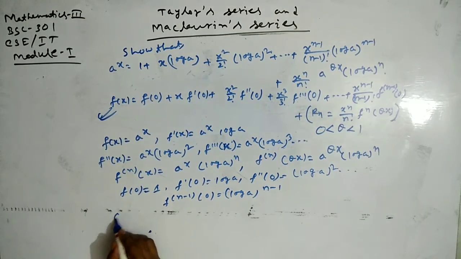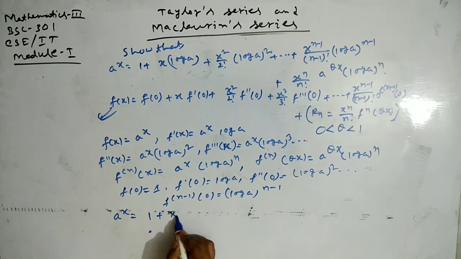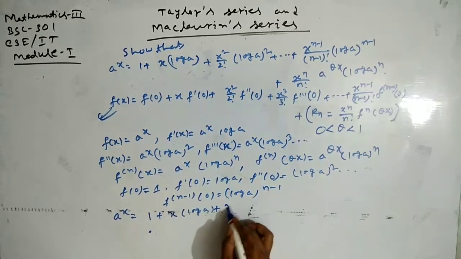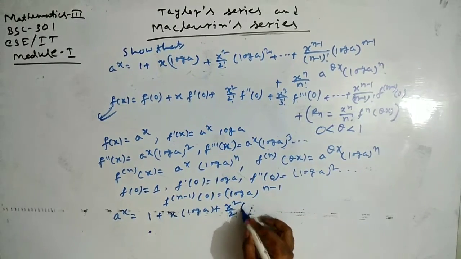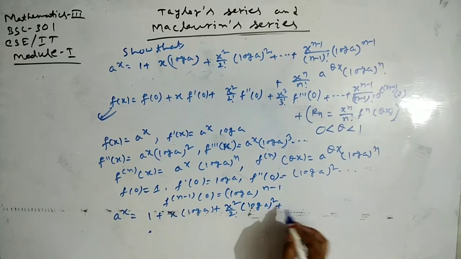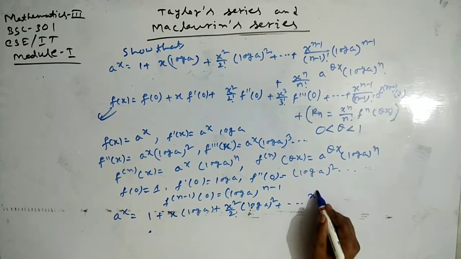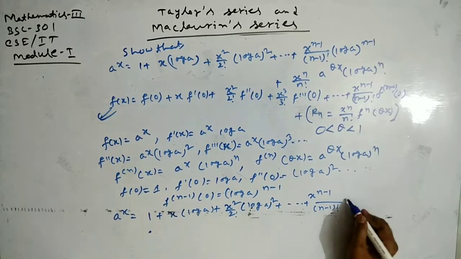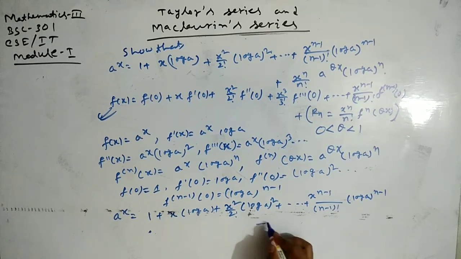Now if we put these values in this series, then what will happen? f(x) is a to the power x equal to f(0), so f(0) is 1 plus x into f'(0), f'(0) is log a, so x into log a plus x square by 2 factorial, f''(0) is log a whole square, plus, in this way if we continue, this term will be x to the power n minus 1 by n minus 1 factorial, f^(n-1)(0) is log a whole to the power n minus 1, and plus the remainder term.